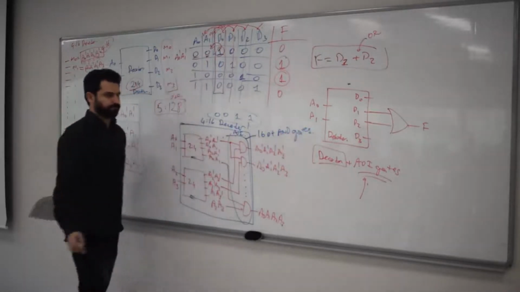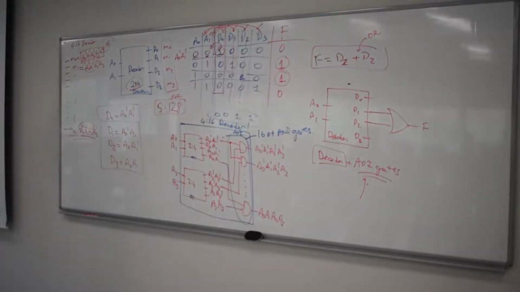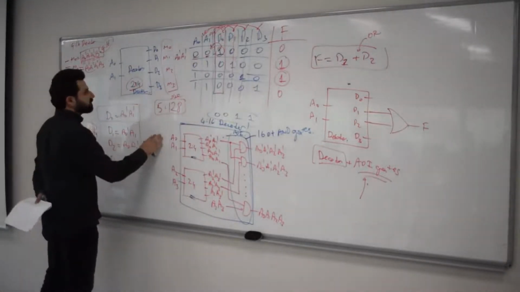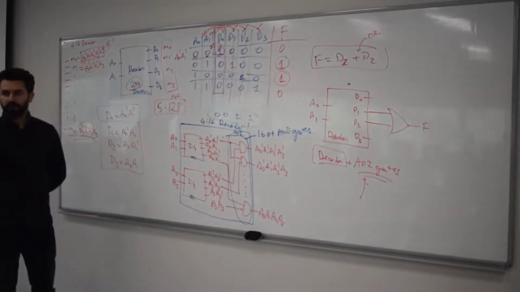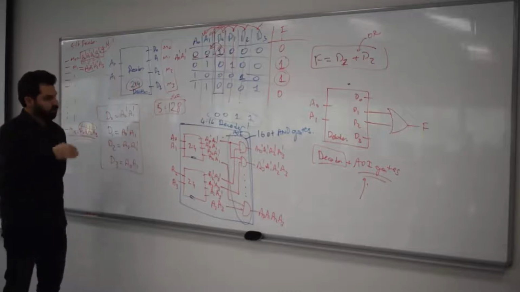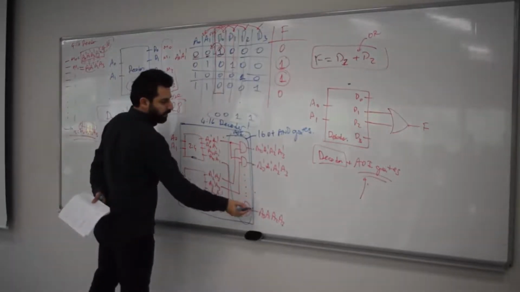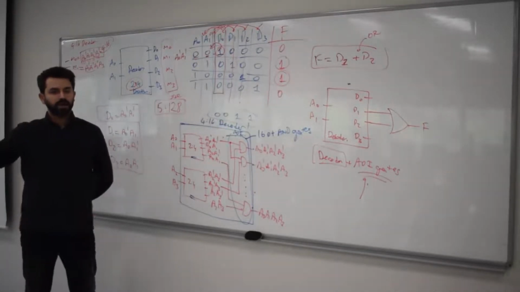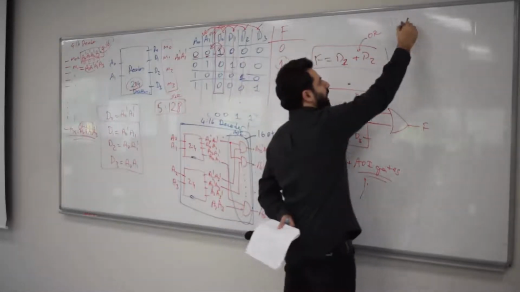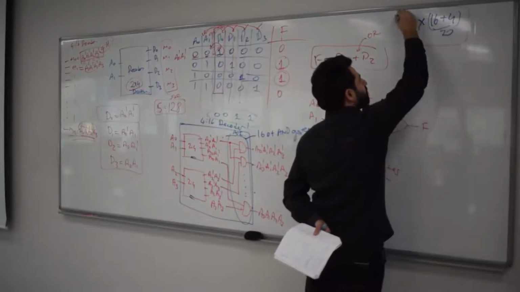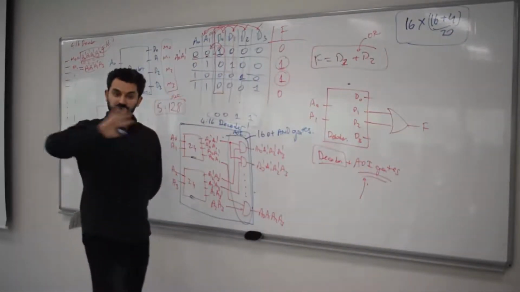If you ask me, rather than using hierarchical design just like that, if we had computer software and I gave the truth table to the software, because I've got 4 inputs, which makes 16 rows in my truth table, and I define each one of these 16 outputs, think about the size of the truth table you would have. 4 inputs and 16 outputs, so that would give you 16 by 16 plus 4, which is 20. That big of a matrix full of zeros and ones.